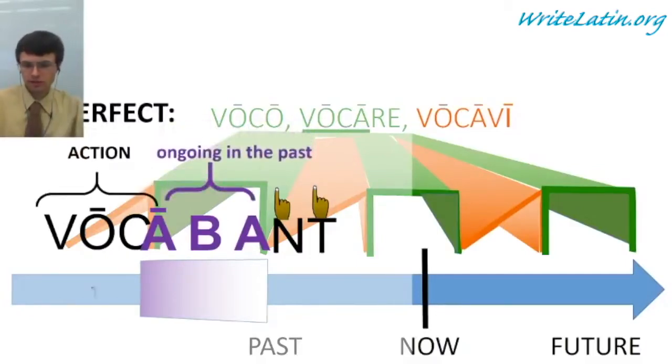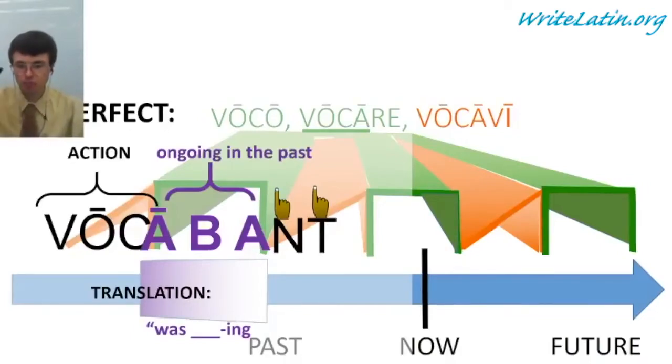Oh yes, and let's go over again what the different parts of the word symbolize and how we should express the word, therefore, to maximally signify those concepts. So the voca part means call, that's the action. The aba means that it was ongoing in the past.